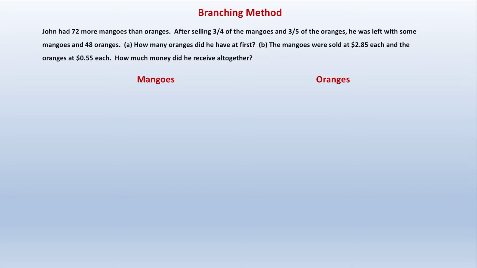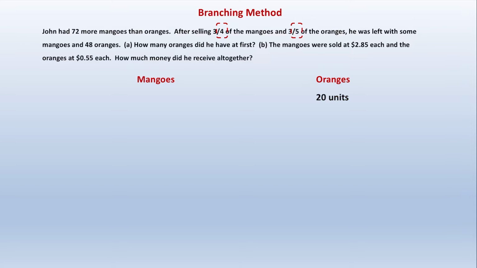And the second point to note is that if a question mentions two or more fractions, we would want to take note of the denominators of the fraction, and we would typically use a multiple of the denominators as our starting units. So in this case, 20 units.